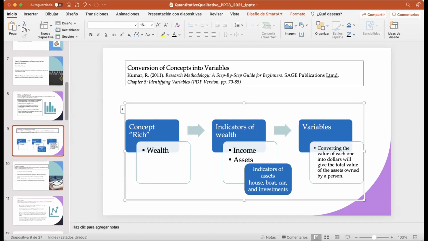Yes, comparing concepts and variables, helping you think about which can be measured. So income, we say it can be measured because it's money. The value of assets, yes, las pertenencias, las posesiones, las propiedades, those can be measured. Yes. But richness, for example, cannot be measured. And we will see an example, but I will add this chart to the PPT.